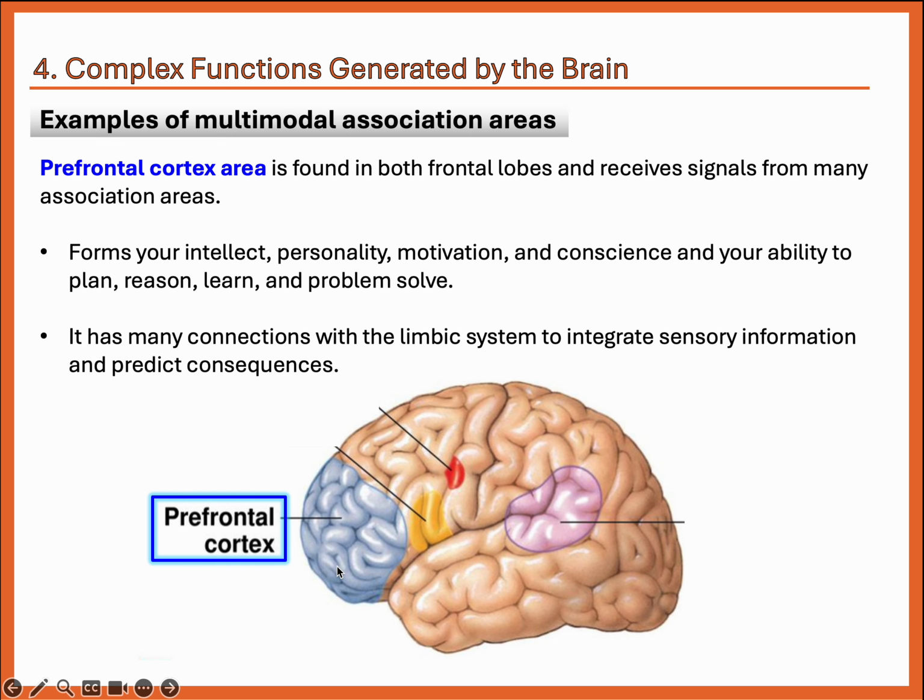Oftentimes this region over here that has these motivational areas, there's a reason why someone with depression has difficulty just with showering, right? Getting up out of their bed is a difficult thing to do. Brushing their teeth, their hair, right?